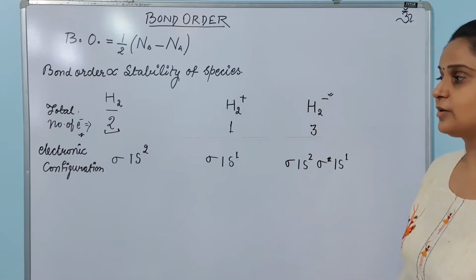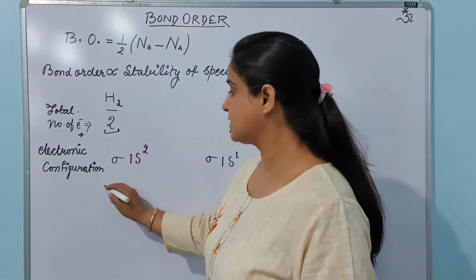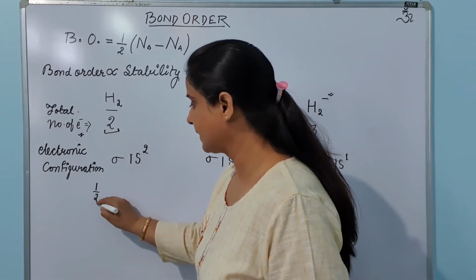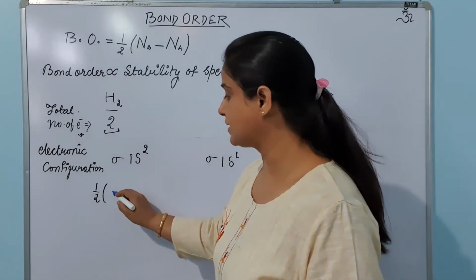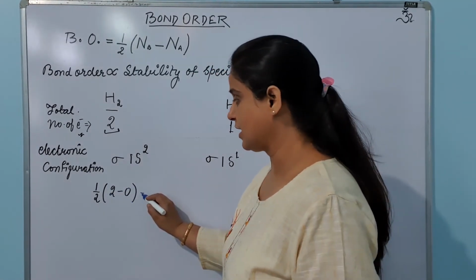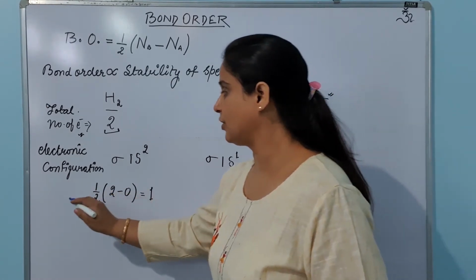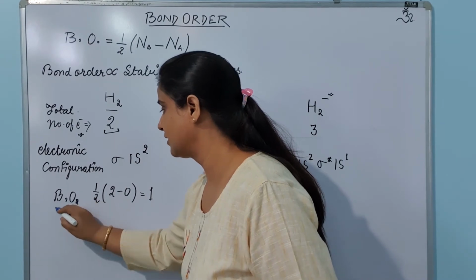Now let us find out the bond order for all 3 species. So this is half of the electrons in the bonding molecular orbitals, that is 2, minus 0 in anti-bonding. So the answer becomes 1. The bond order for this molecule is 1.